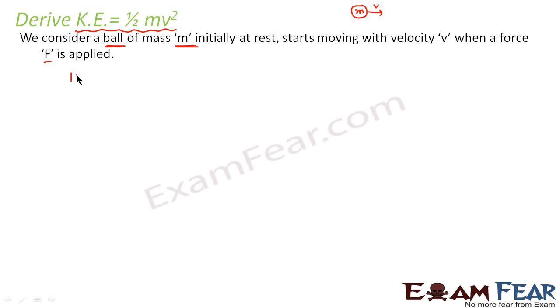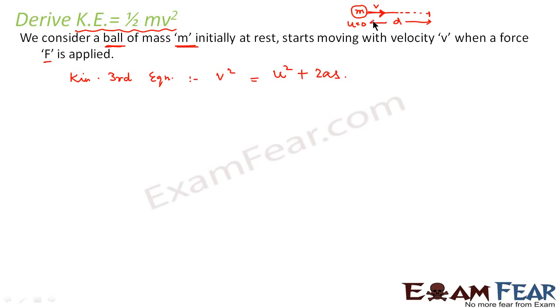From kinematics third equation, we know that v square is equal to u square plus 2as. Now in this case, the mass was initially at rest, that means u was 0. Later it gained a velocity v, and let us suppose it traveled some distance, say d.